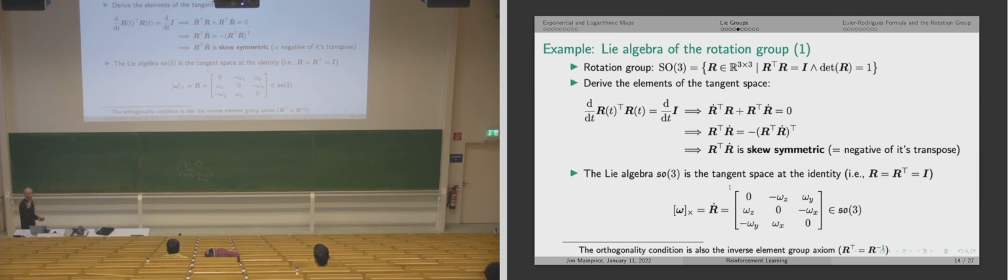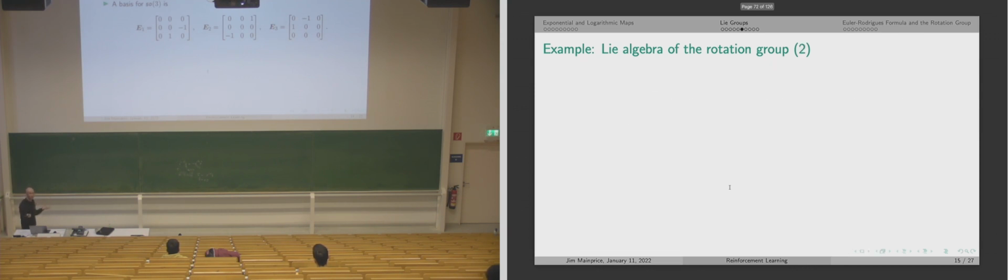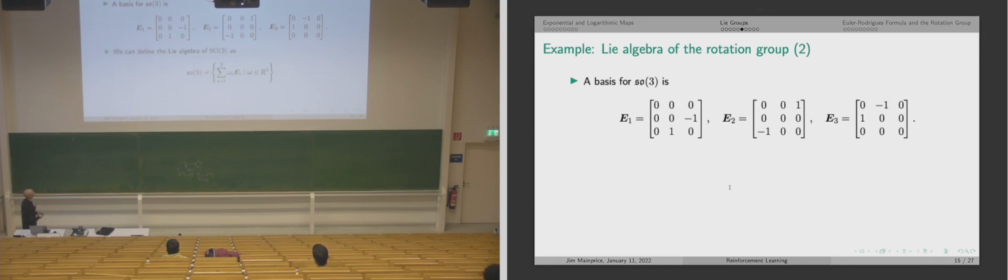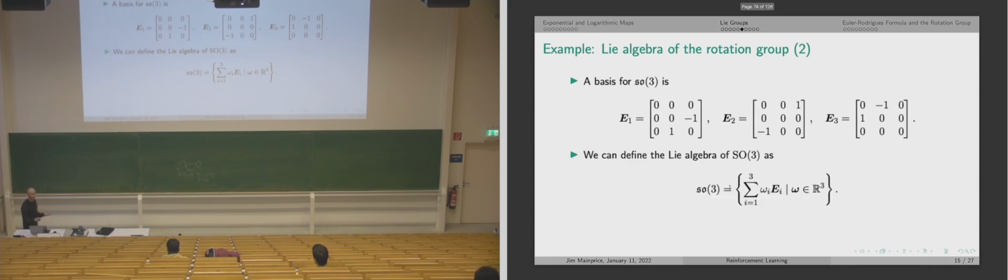So by having 3 matrices which multiply these scalars, this 3-dimensional vector, these are the 3 matrices, we can come up with this basis for the Lie algebra. And a basis is a linear combination of matrices that compose the skew-symmetric matrices. So that's what that is.